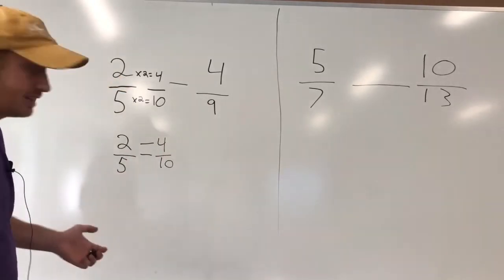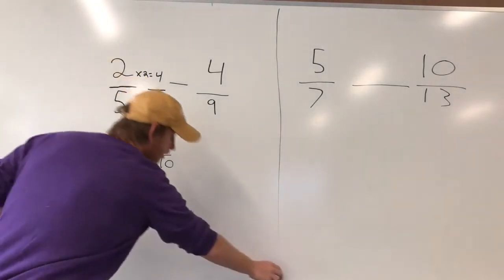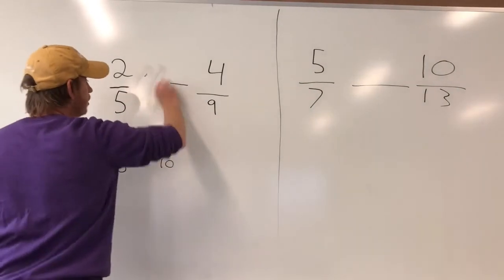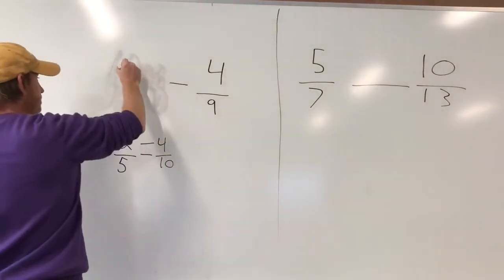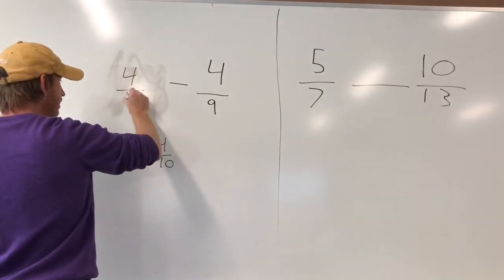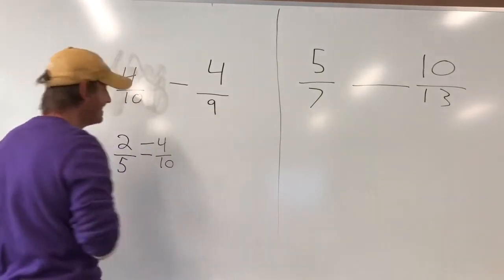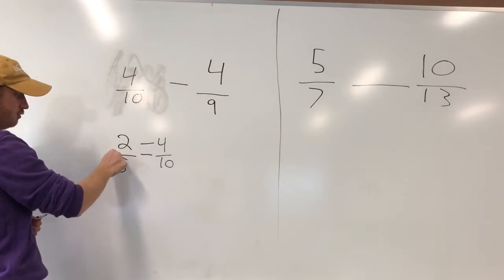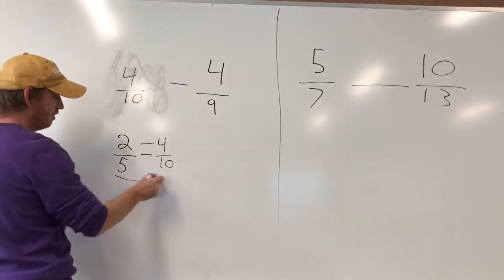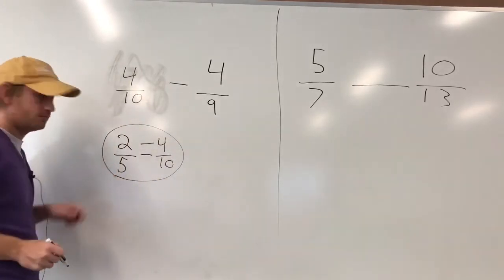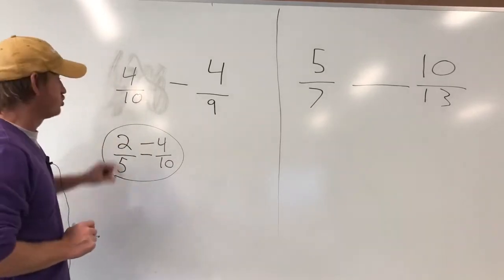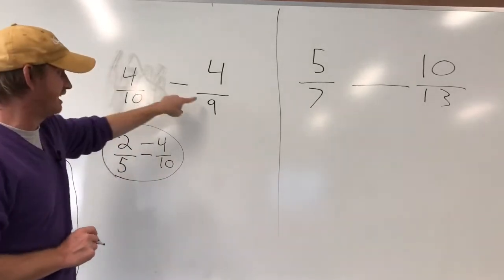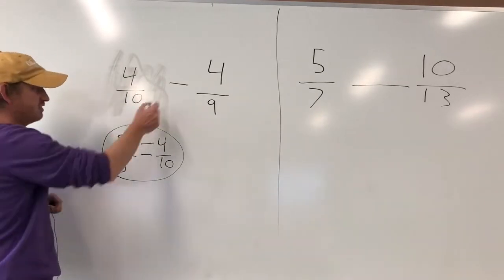So now we can compare 4 over 10 to 4 over 9 instead of our 2/5, because again, they're equal. They're the same. 2/5 is the same as 4/10. So whatever 4/10 is in relation to 4/9, 2/5 is going to be the same.